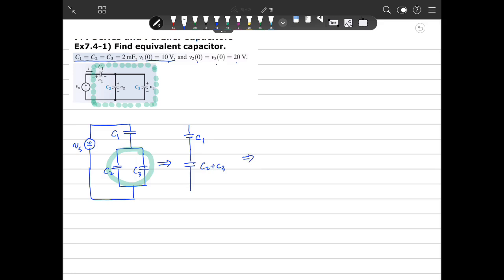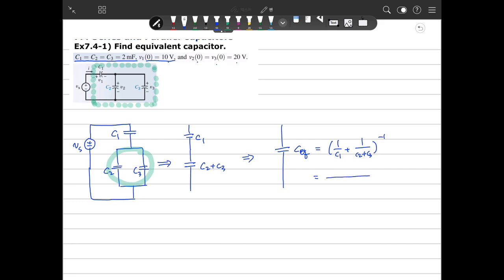Then this is connected in series, C1 and C2 plus C3. So for CEQ, because they are connected in series, it is 1 over C1 plus 1 over C2 plus C3, inverse.